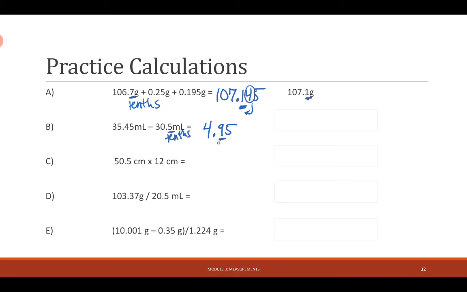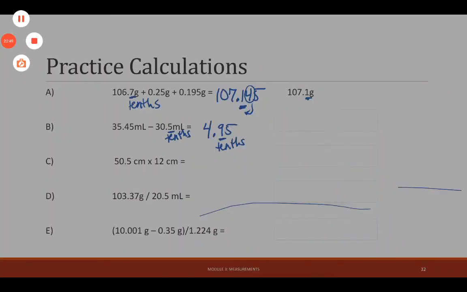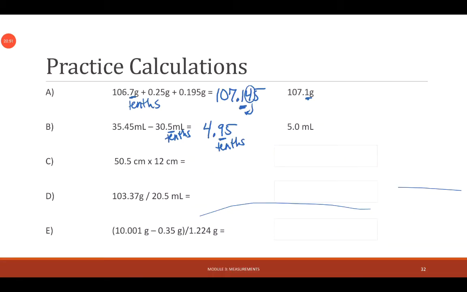And so we're going to look at the 5, and then we have to round up so that the last retained digit is going to be even. And so that's going to be 5.0 milliliters.